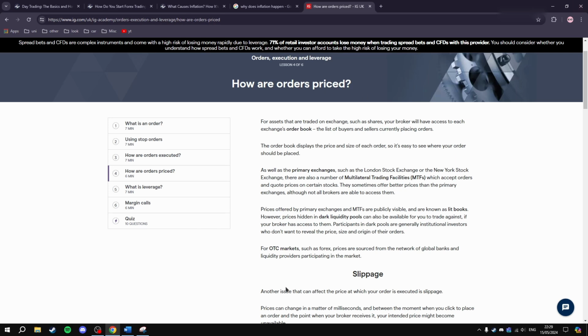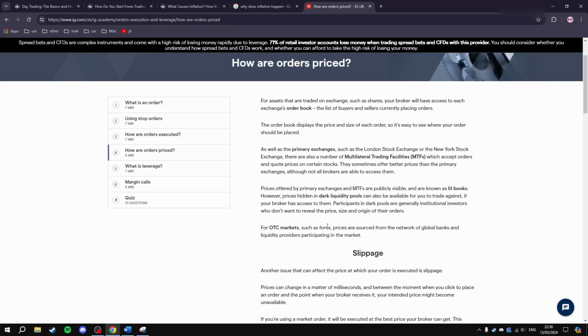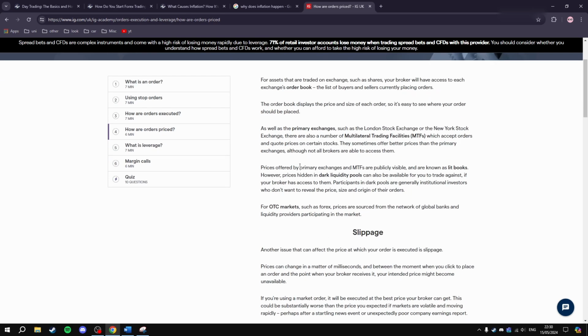Something like that. Participants in dark pools are generally institutions who don't want to reveal the price, size and origin of their orders. So they're pretty much massive orders basically. They can't be small orders, right? They must be really big.